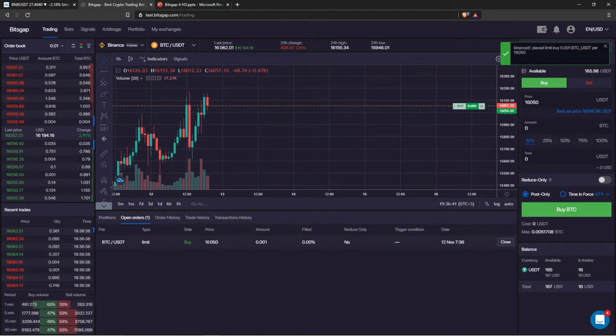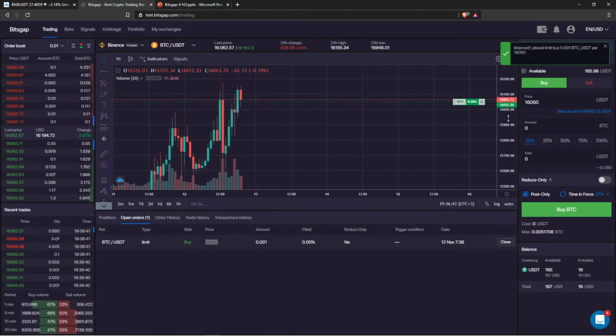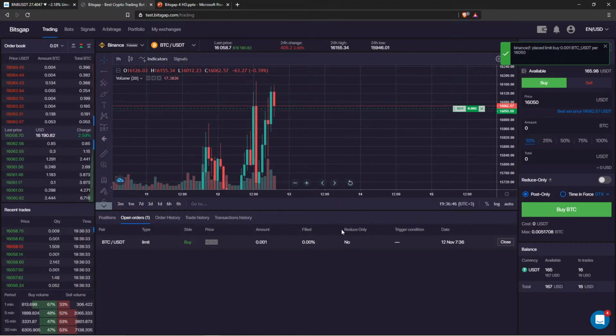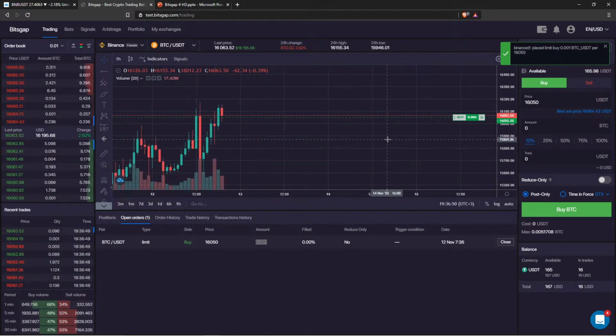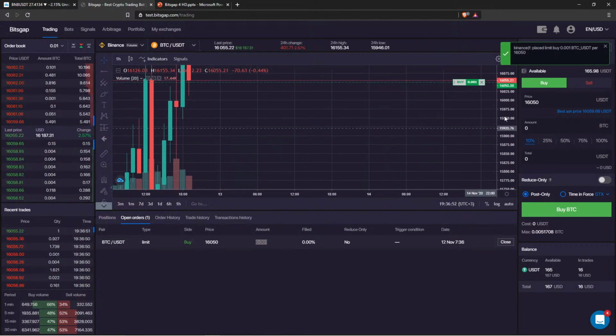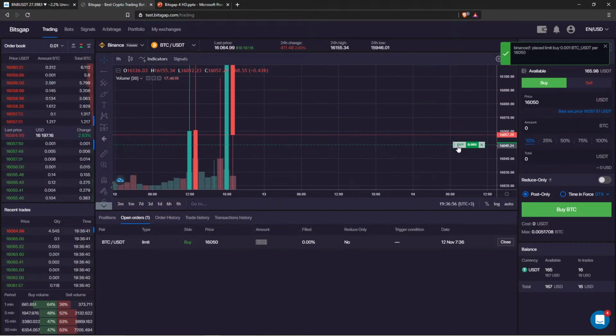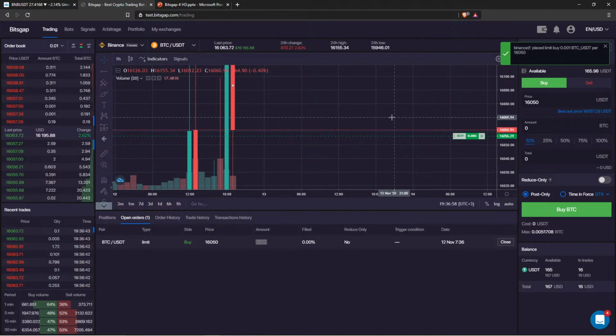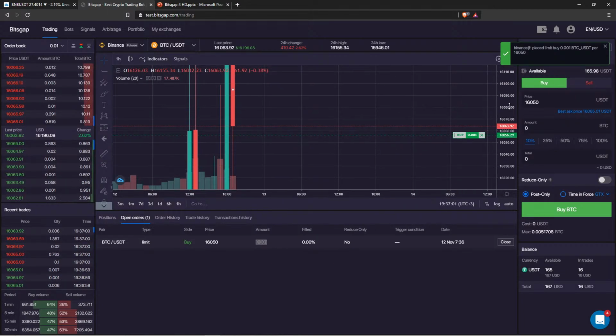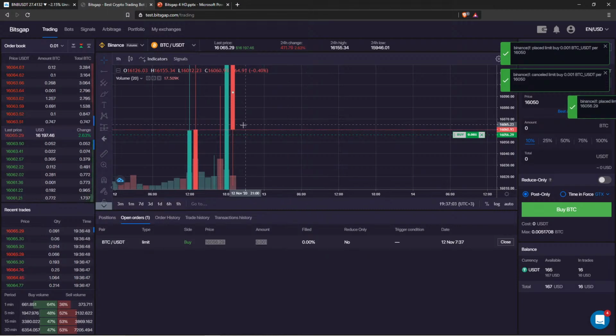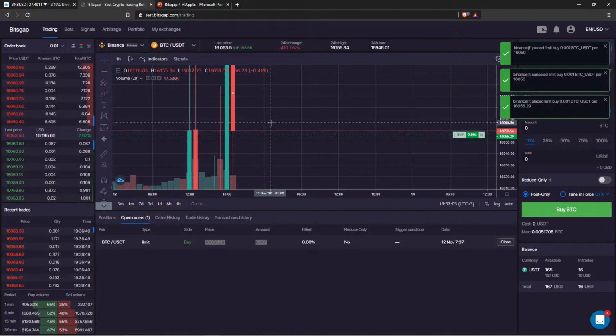So you have all the information here, like the price at which it will execute this limit buy order, the exact amount of Bitcoins. All right. So let's drag the line closer to the current market price just to make everything quicker. Okay. It looks like the price is chasing from me.